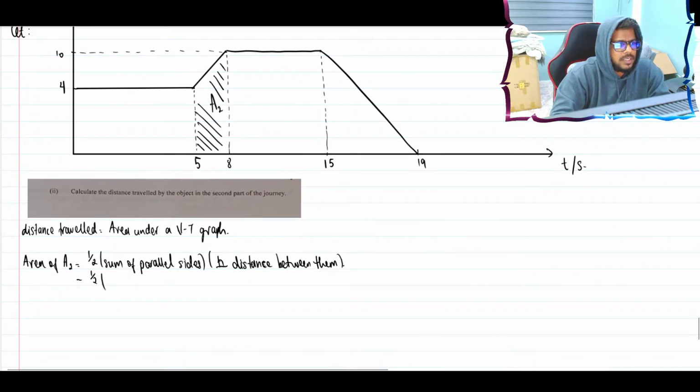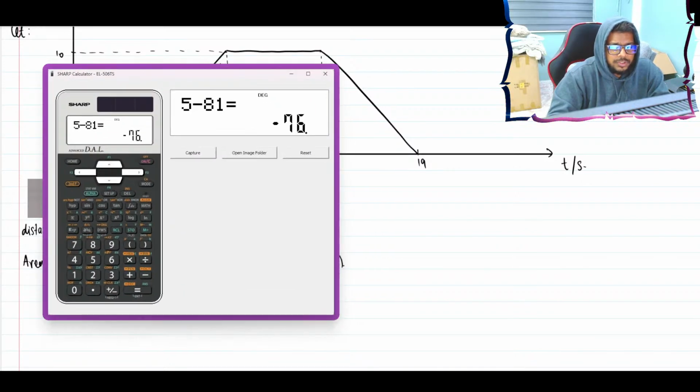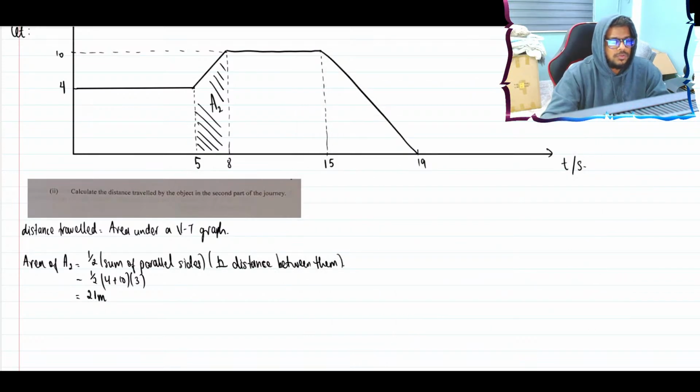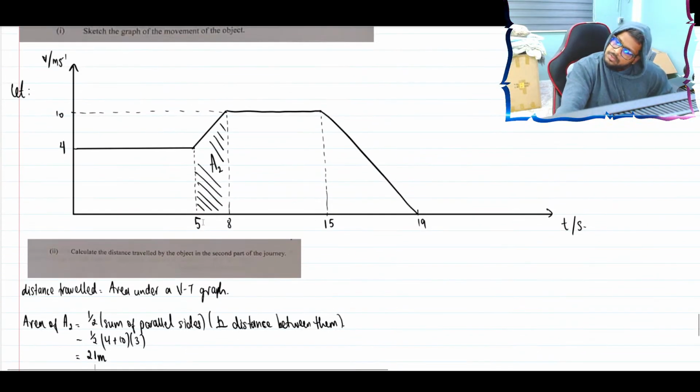The sum of the parallel sides will be 4 and 10, and the distance between them is 3. 4 plus 10 is 14, times 3 is 42, divided by 2 is 21 meters. So the distance traveled is 21 meters.